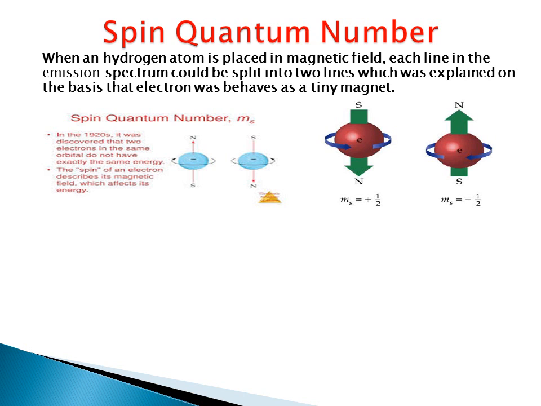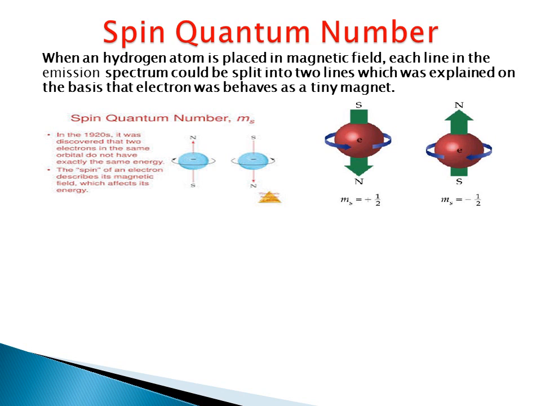Therefore, the electron is considered a tiny bar magnet. Here I have represented the north-south poles with the direction of the electron, once clockwise and once anti-clockwise. For clockwise the spin is +1/2 and for anti-clockwise it is -1/2.